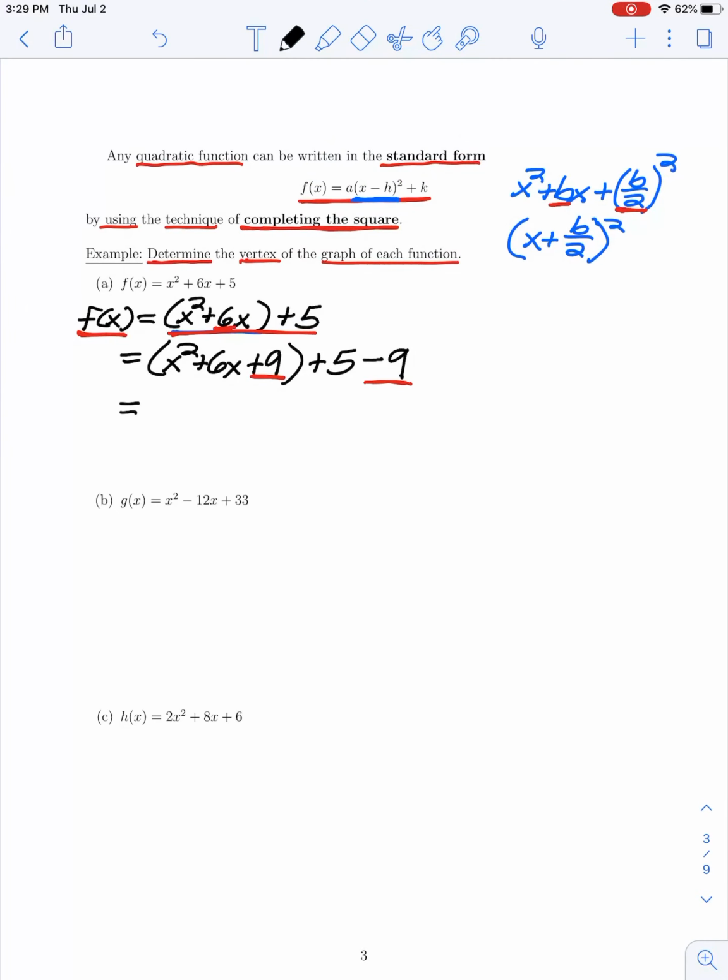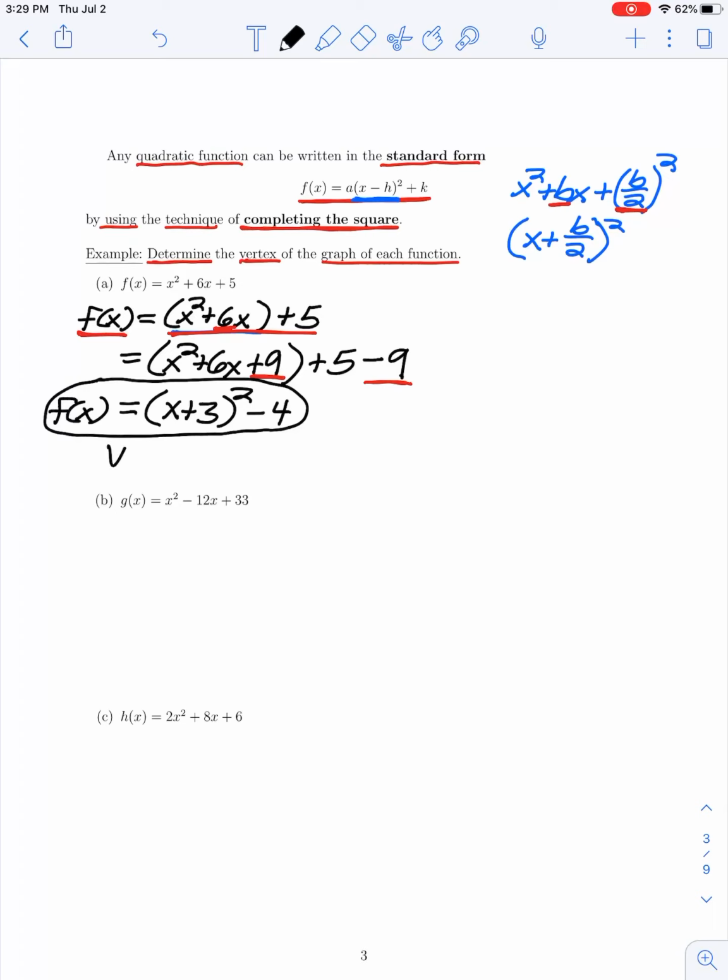Now this allows me to rewrite this function in the following form. x squared plus 6x plus 9 can now be factored as x plus 3 quantity squared. And then on the end, my plus 5 minus 9 reduces to a negative 4. So this now has the standard form for a quadratic function.